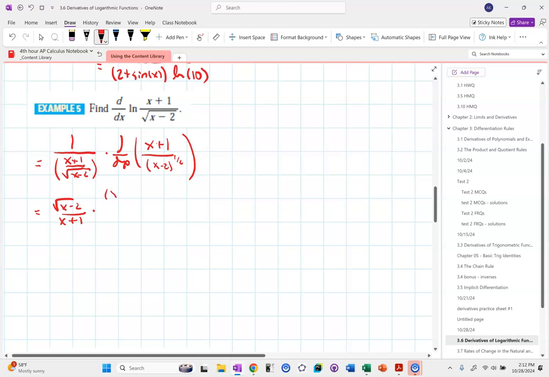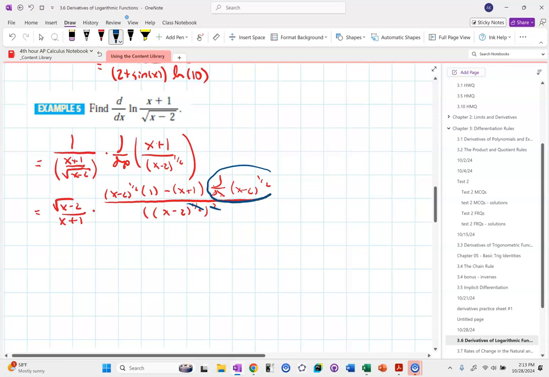Then I have the quotient rule. So it's the bottom times the derivative of the top minus the top times the derivative of the bottom. But to do the derivative of the bottom, what do I need to do? That'll be a chain rule, over the bottom squared. I notice boom, boom, those guys cancel.